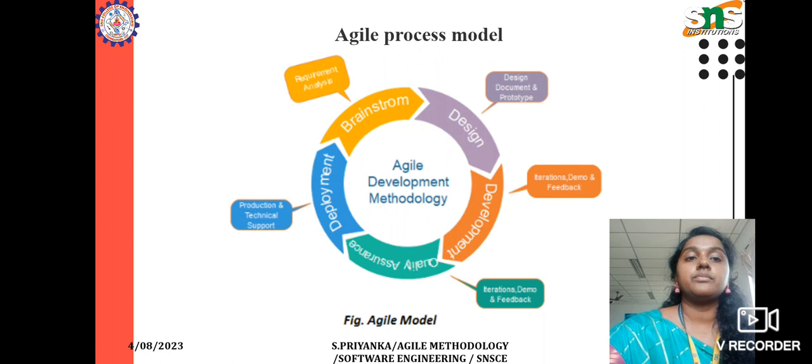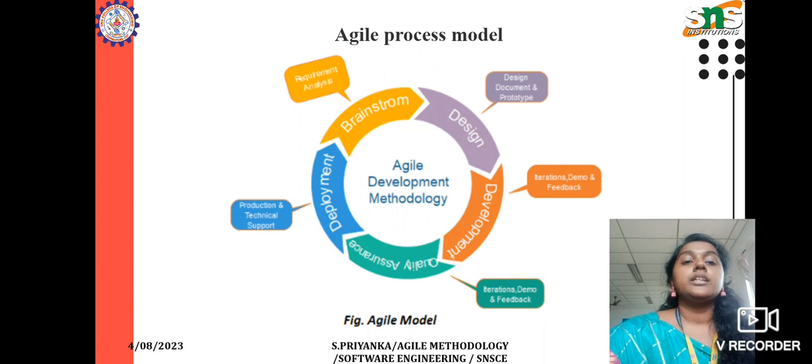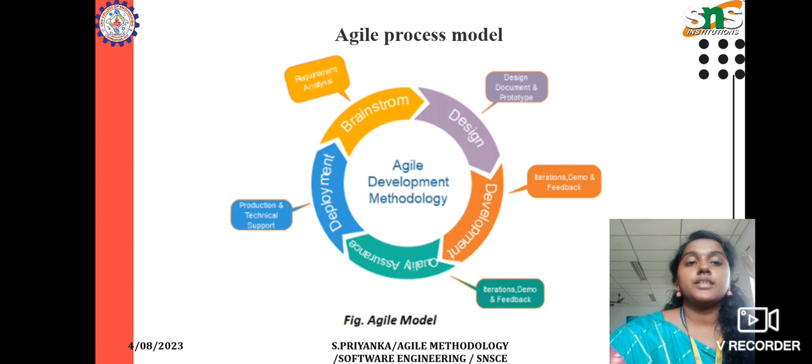In development, iterations, demos, and feedback are given. In the quality assurance phase, the same iteration, demo, and feedback are given. In deployment, the team mainly handles production and technical support.